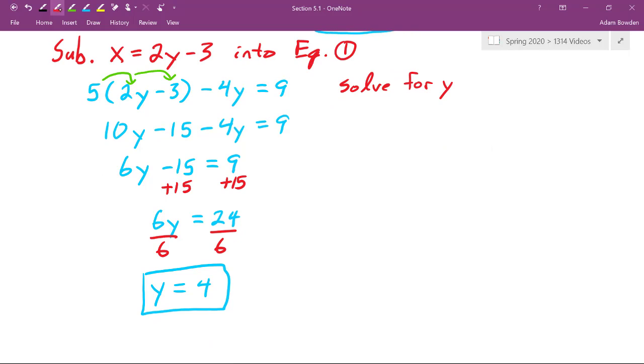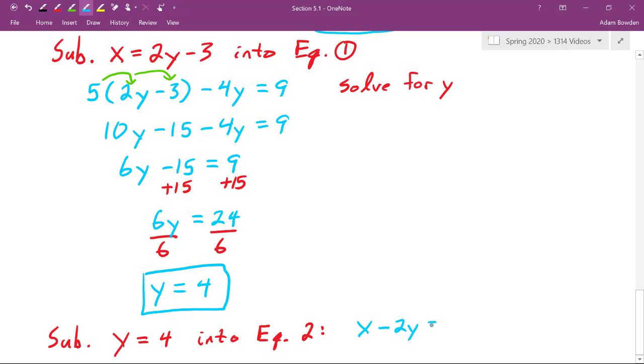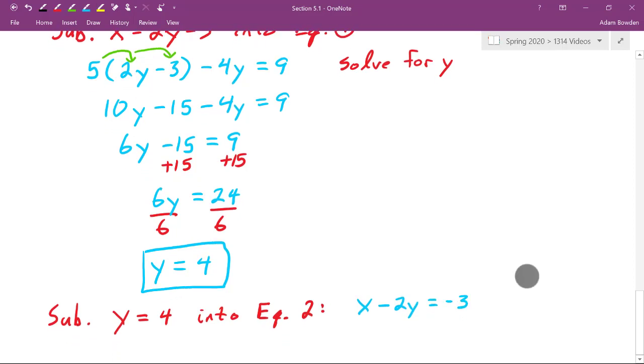Now we'll substitute this y equals 4 into either equation 1 or equation 2. We can choose either one to use. But here I'm going to substitute y equals 4 into equation 2. So again, equation 2 is x minus 2y equals negative 3.